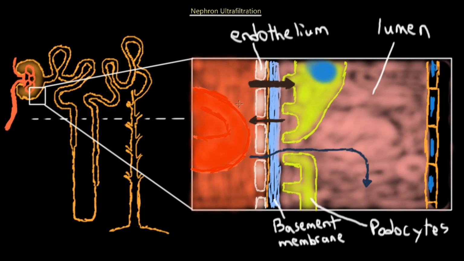So what is driving this whole process? What is the force that is making all of these solutes and the plasma seep through the gaps over here? Primarily, that's going to be caused by the water potential difference, because the difference between the plasma and the filtrate is extremely high due to the buildup of blood pressure.